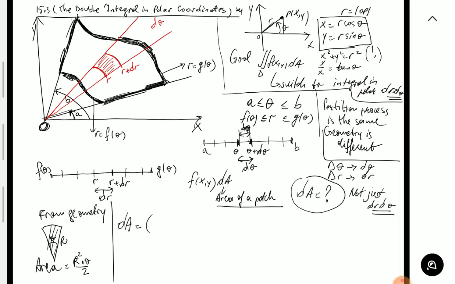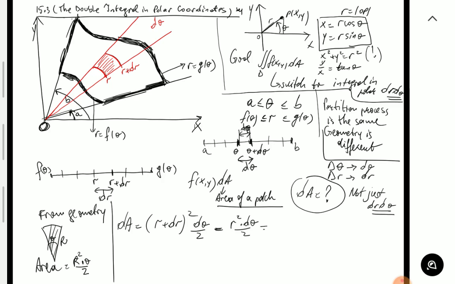So the larger segment of a circle has radius r plus dr. So we're going to square that times the angle, which is d theta, over 2, from which we subtract the smaller segment, which is r squared times d theta over 2. Again, this is kind of an oversimplification, but in the end, that's what you will get when you take the limit of that Riemann sum. And this is what dA becomes.